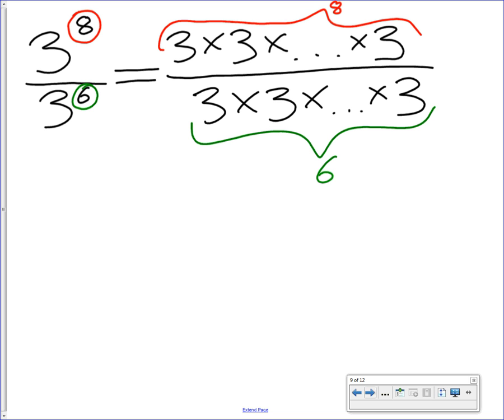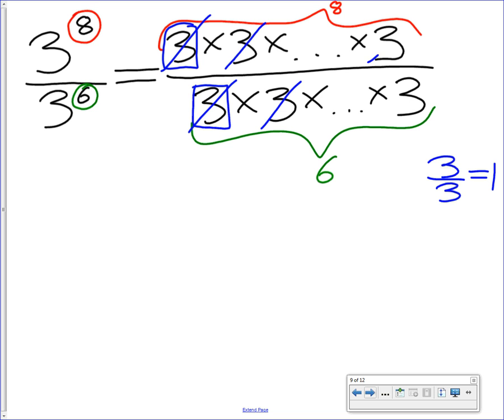Now, we can cancel this down, we can simplify this, because every time there's a 3 on top and a 3 underneath, we can cancel out that pair. So, they cancel because 3 divided by 3 equals 1. So we can cancel out that pair, we can cancel out that pair. We don't have to actually go through it by hand and cancel out everything. We can just think about it.